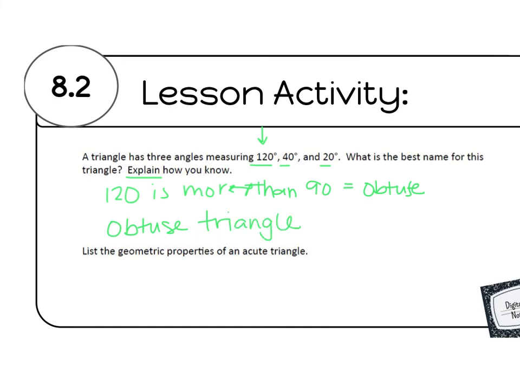And here is our second part. I'm going to get you started on this, and then you're going to finish it on your own in your digital math notebook. It says, list the geometric properties of an acute triangle. So, let's see. An acute triangle has 3 sides.